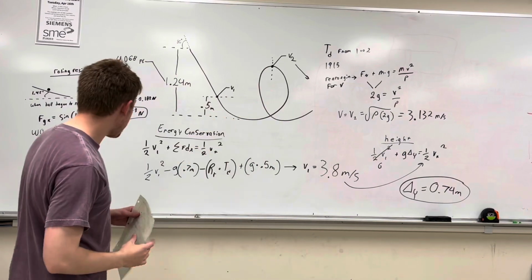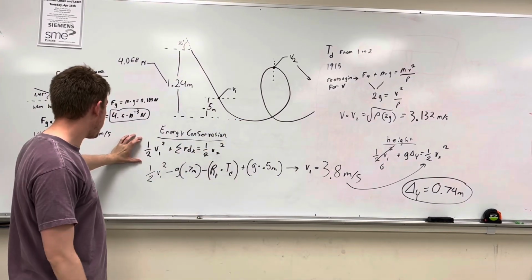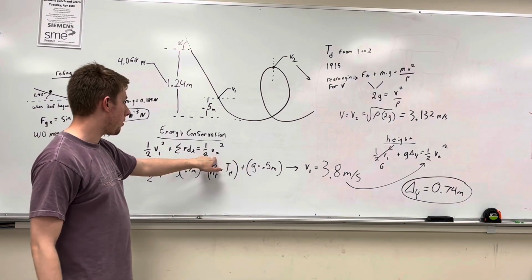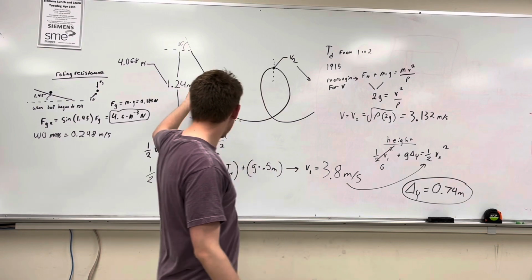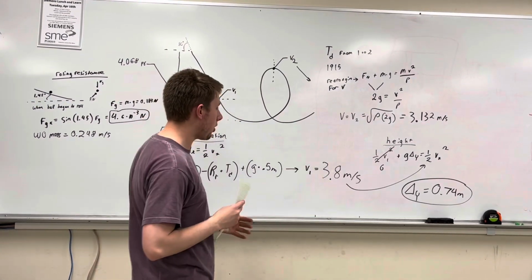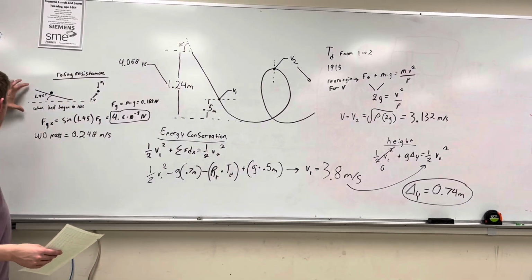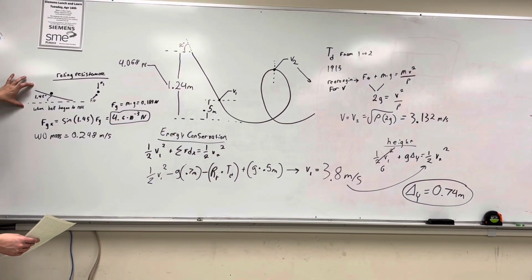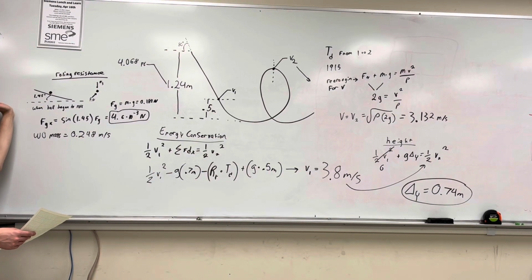Then you take that answer, plug it into an energy conservation equation as V2, and we solve for V1. And V1, right here at the start of this, you get 3.8 meters per second. This is your rolling resistance. This 1.45 degrees was the angle at which we found that the ball begins to roll.